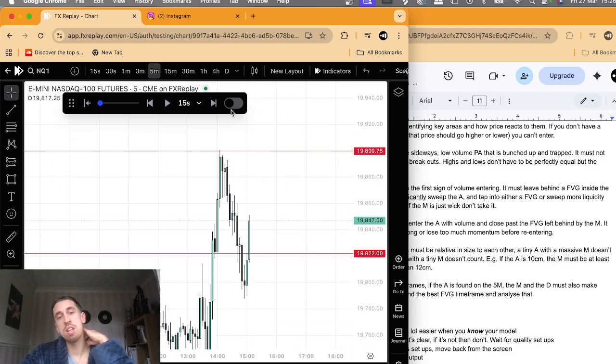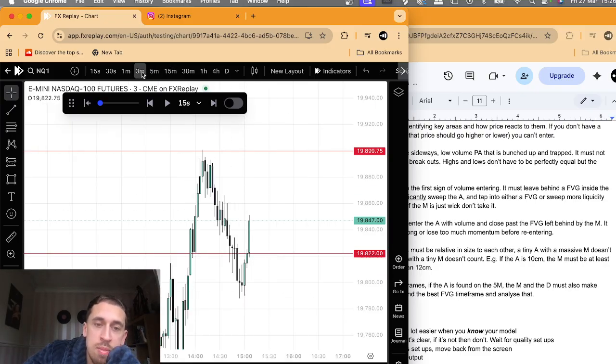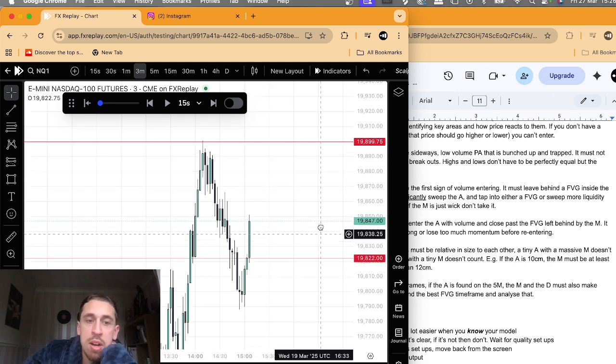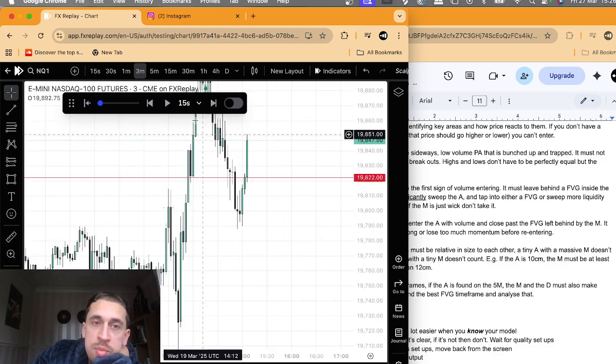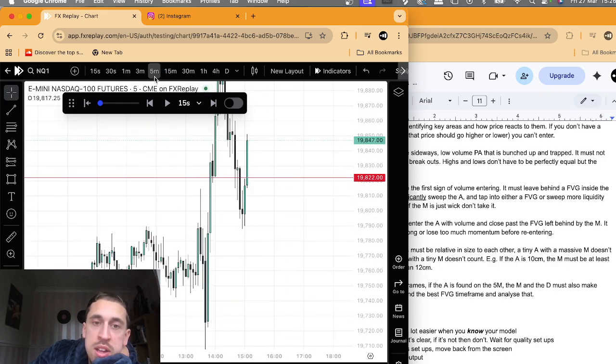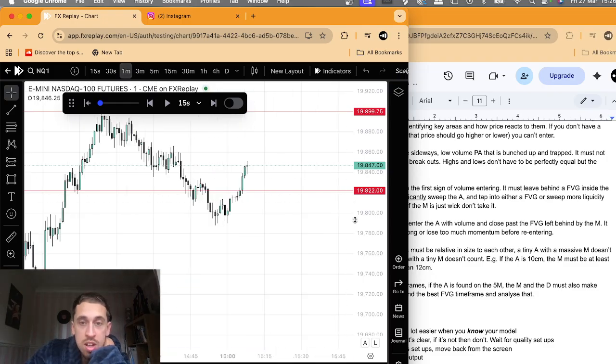Unless we start looking at this a little bit different and then seeing that this is the accumulation area, then we dipped into that and then we pushed back up. So it's like here was the sign of volume here, and now we're coming back into this.